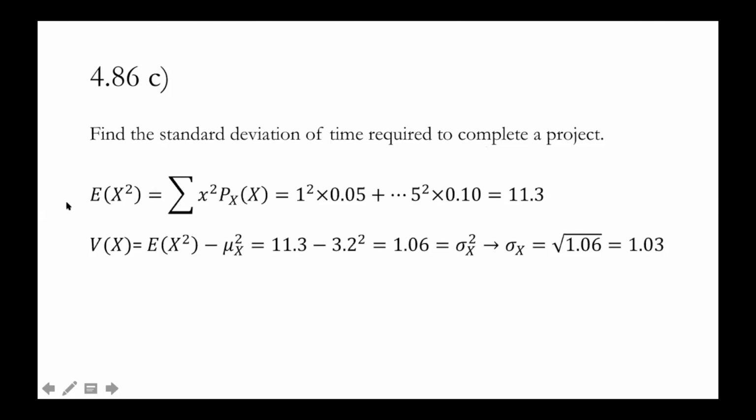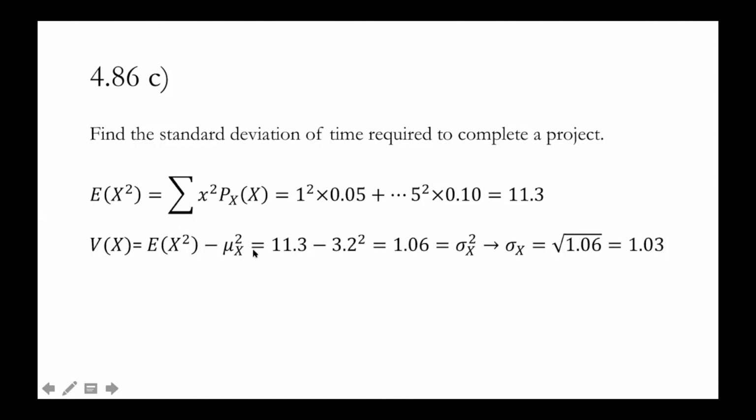And the variance in this case will be taking the expected squared value minus the squared mean that we calculated in the previous exercise. So here we calculated the expected squared value, and variance we calculate by taking the expected squared value minus the squared mean.